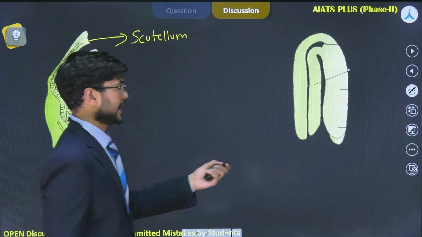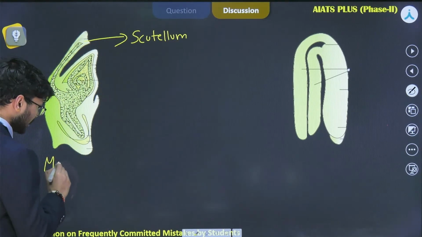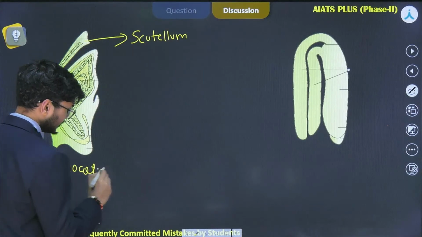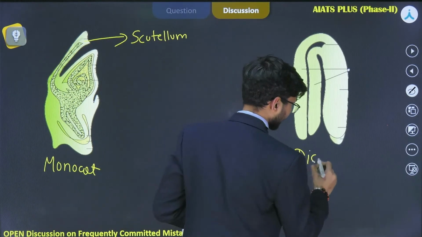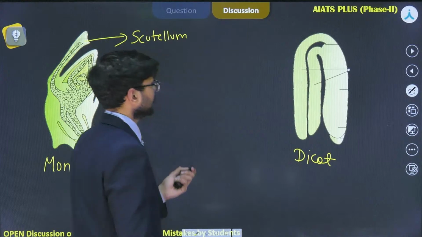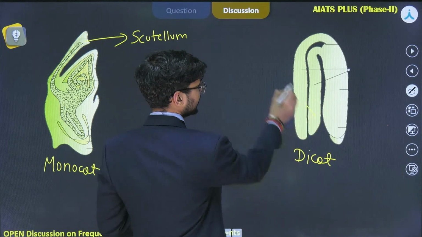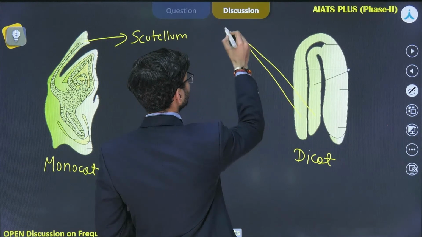While if you see the dicot, so this is a monocot and this is a dicot. Now if you see the cotyledons, these are the two cotyledons that you see in case of dicots.